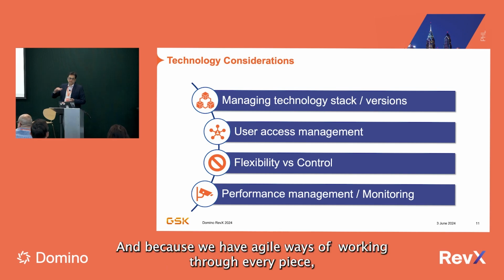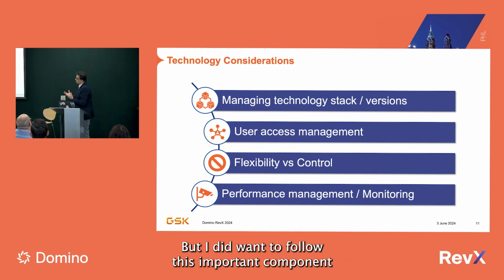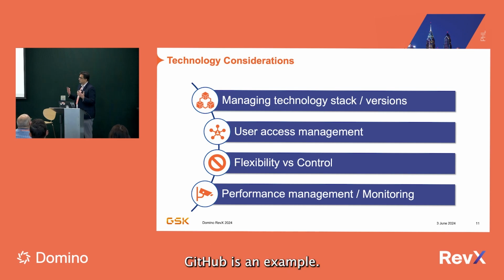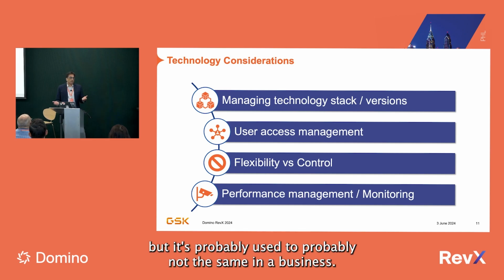Because of our agile ways of working, I continuously look at these opportunities. What I found is an important component, because just building is not good enough. Data science is an example: great technology, and on the tech side everybody is so used to it, but probably not at the business level.